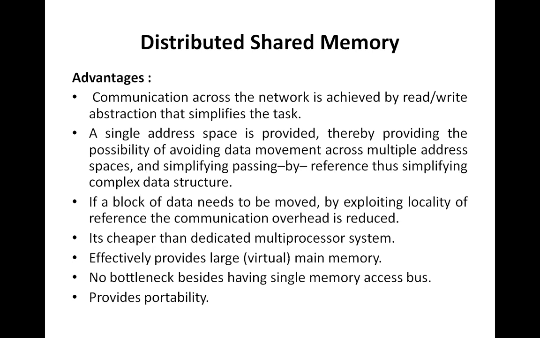So the physical memory available at all the nodes of the distributed shared memory system is combined together, and if it is combined together, it becomes enormous. The size of the memory becomes very large. So this large memory can be used to run a program that requires large memory without incurring any disk latency due to the swapping in the traditional distributed system.